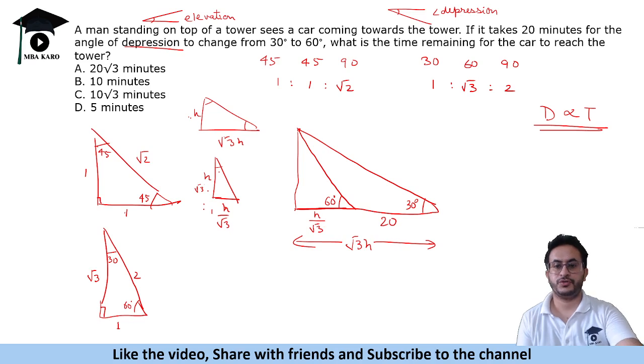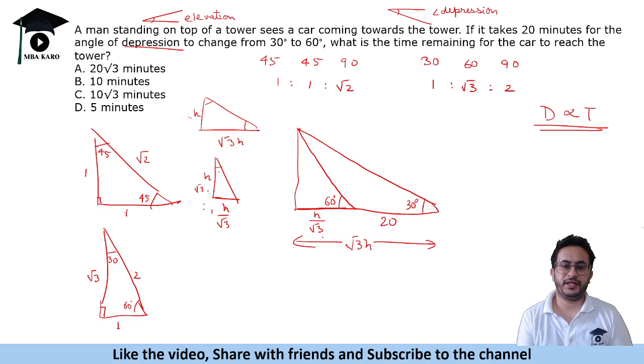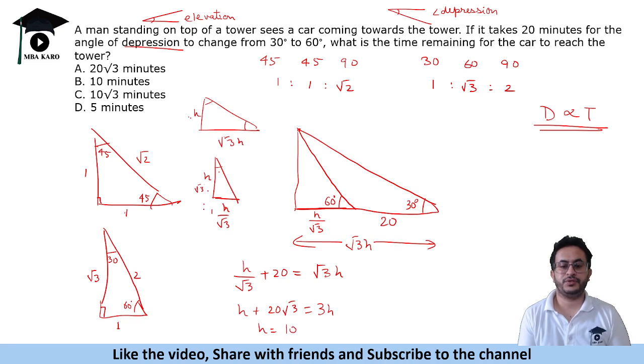Okay. So now we are given that h upon root 3 plus 20 is equal to root 3 h. So what will we get? We will multiply by root 3, so we will get h plus 20 root 3 is equal to 3h. So h is 10 root 3.